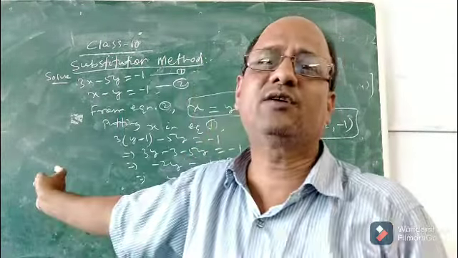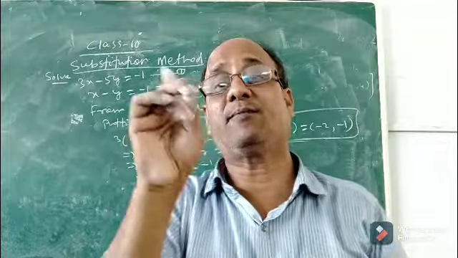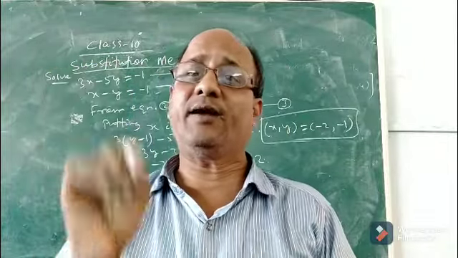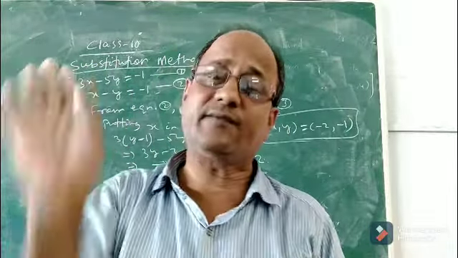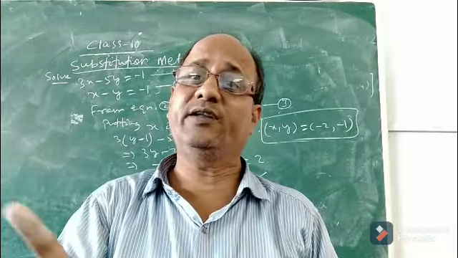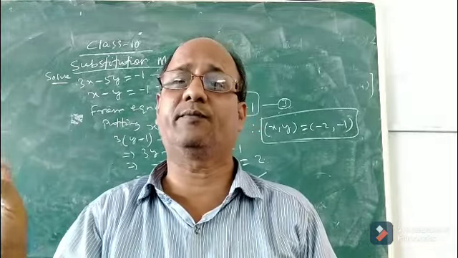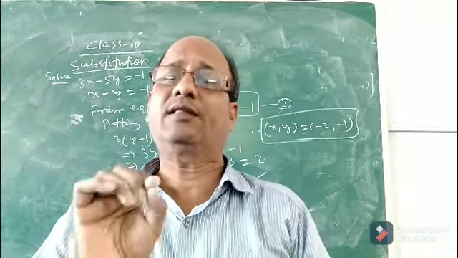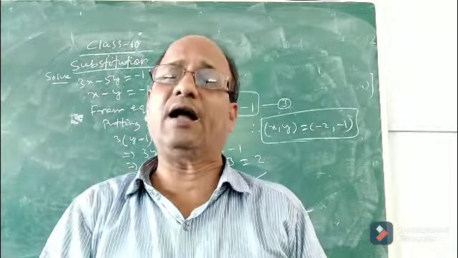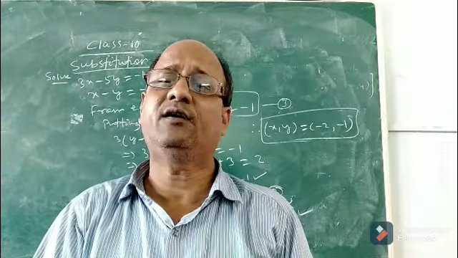Once again I am saying, you will be given two equations. The first condition is you check a1 by a2 not equal to b1 by b2. That is very important. If a1 by a2 is not equal to b1 by b2, then you write down the system will have a unique solution, and only after you are sure of that do you proceed with the method.